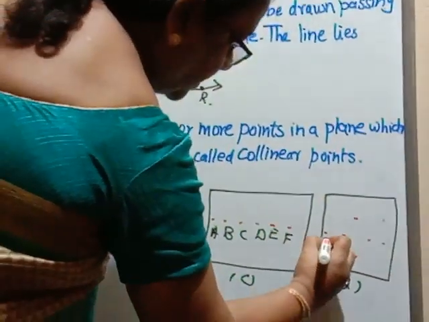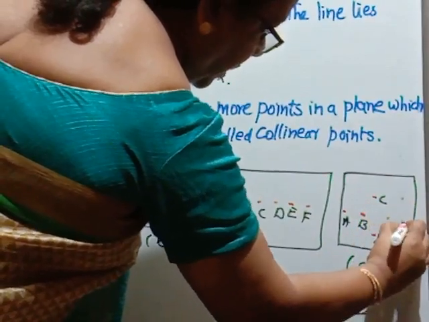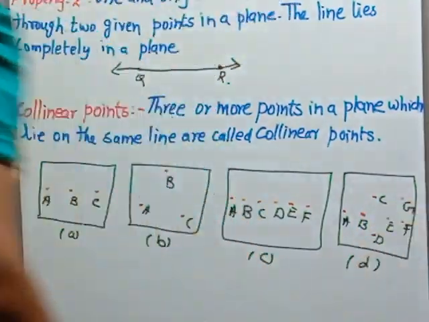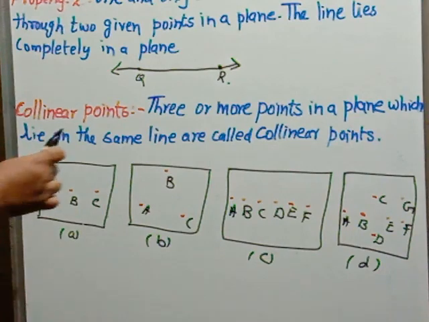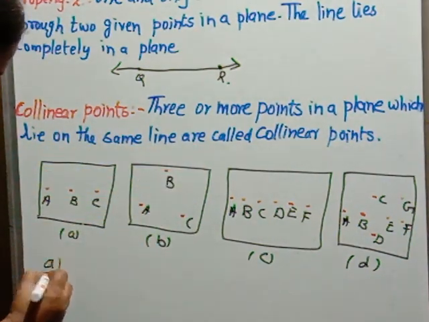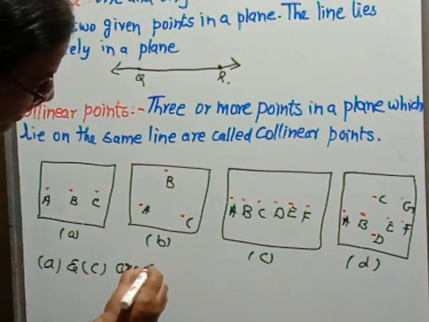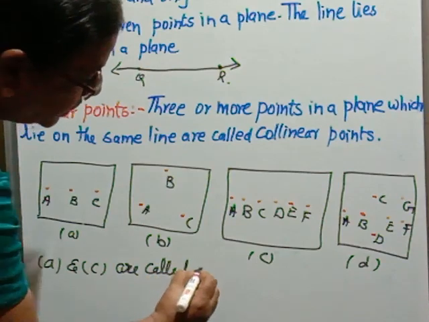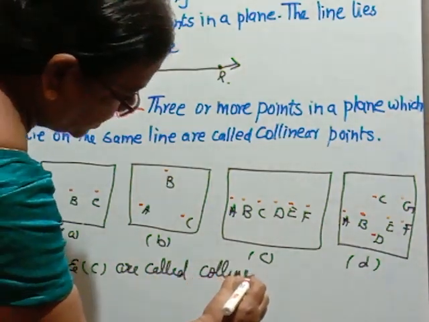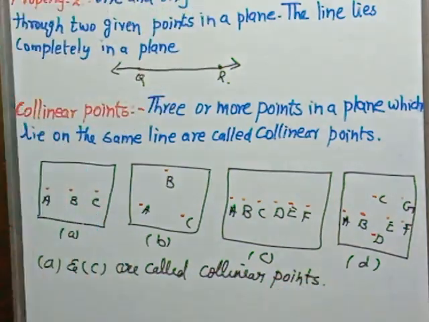Here, I will give one more example. A, B, C, D, E, F, G. In this, which are called collinear points? In this example, A and C are called what? Collinear points. Clear, children?